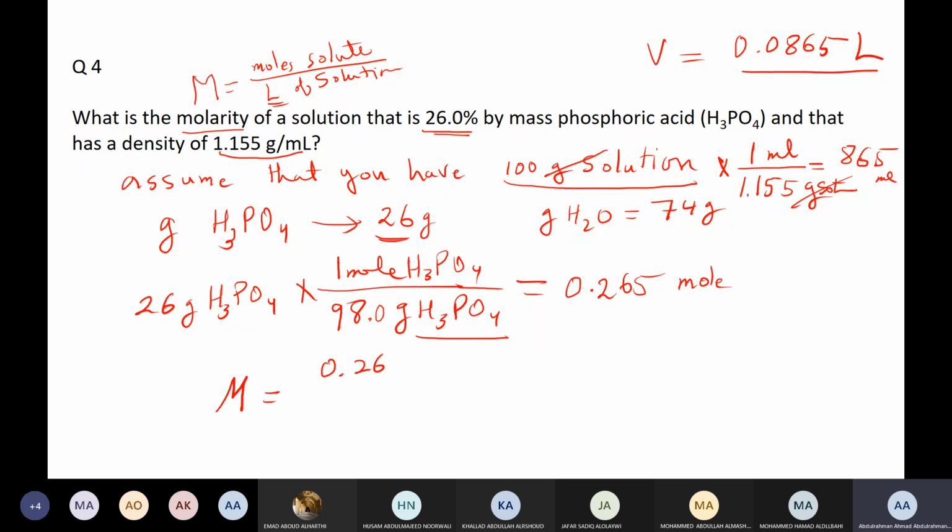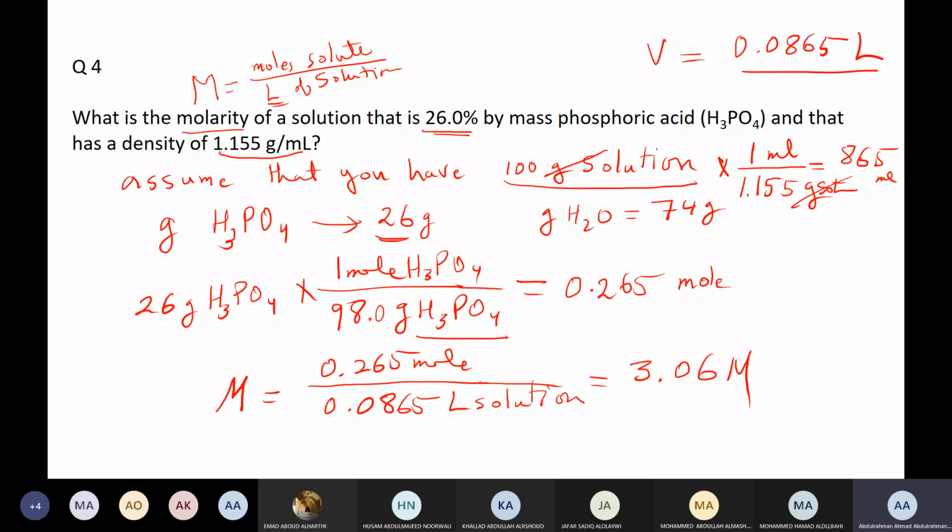Simply divide by the volume, and you have the answer. 3.06. That's it. How easy?